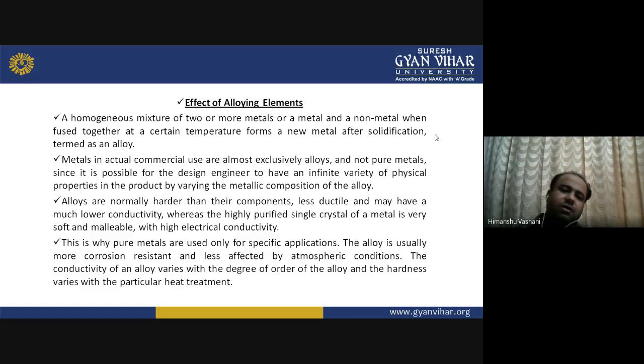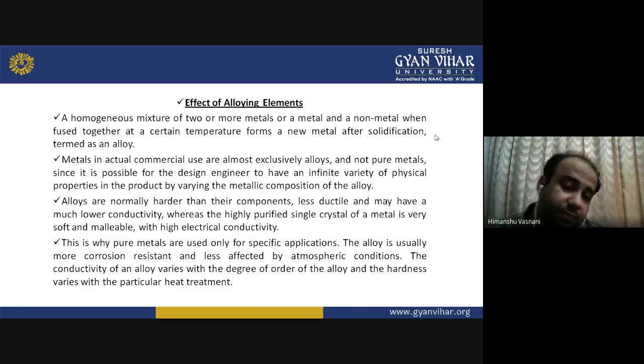It is the demand of the industry, and this can only be achieved by varying the metallic composition. Then you are satisfying the physical properties required by the design engineer.